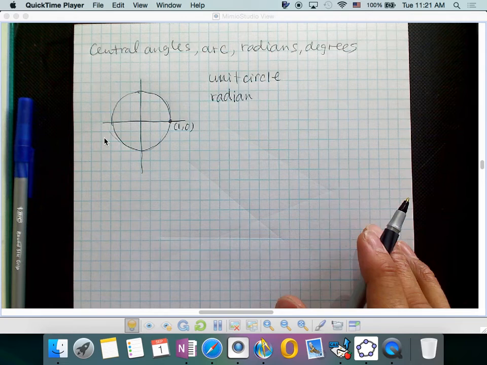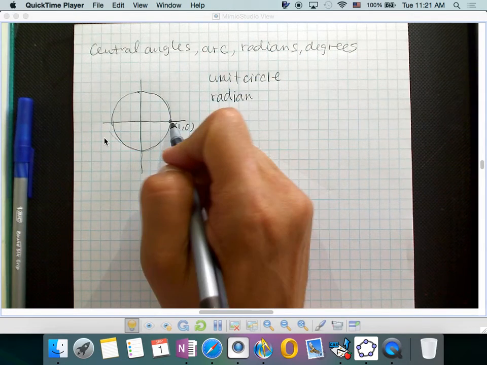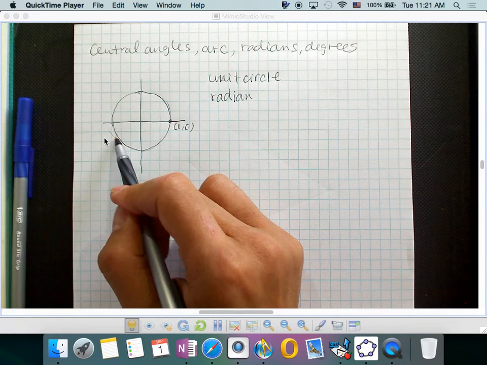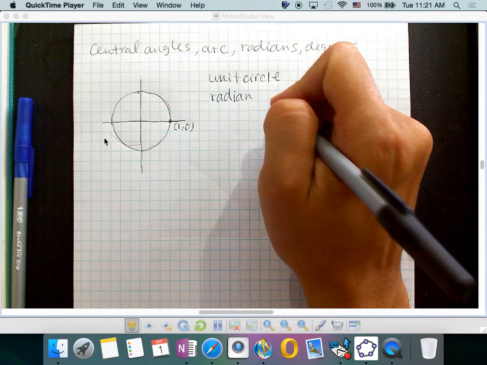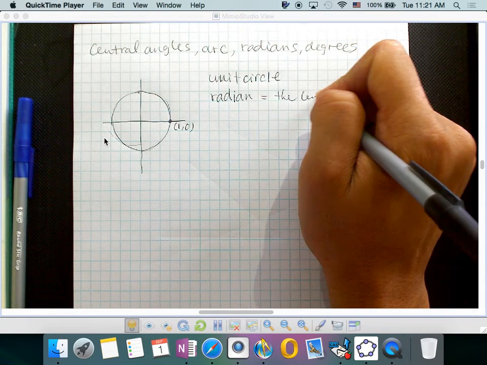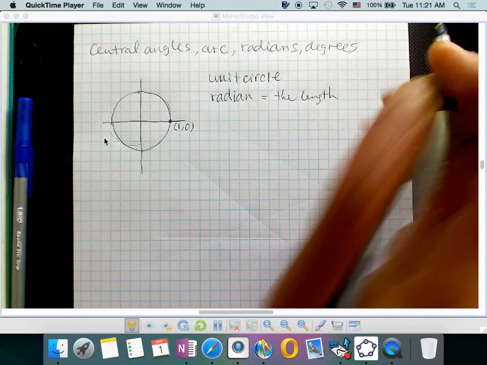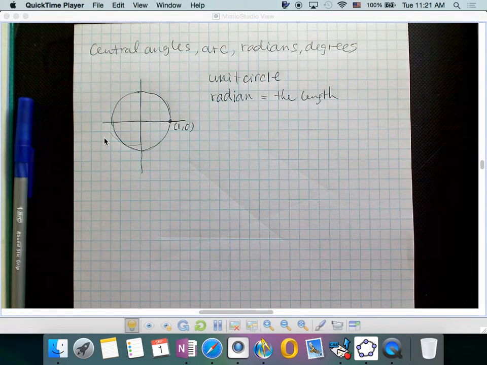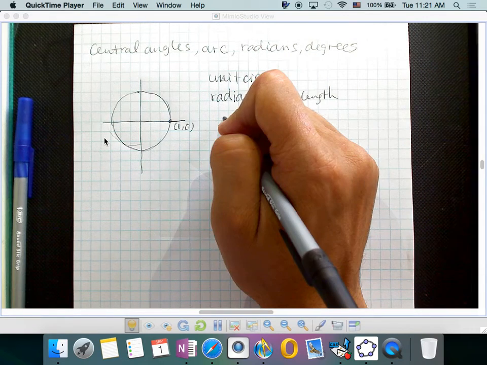And the distance that you travel from this starting point along the edge of the circle is the radian. So radian is the length around the circle, right? And that has something to do with angles and degrees.